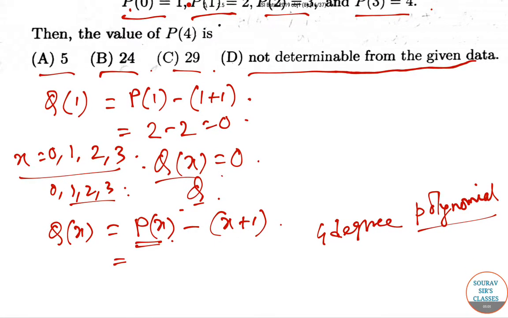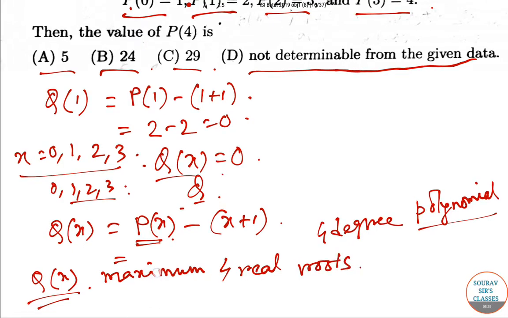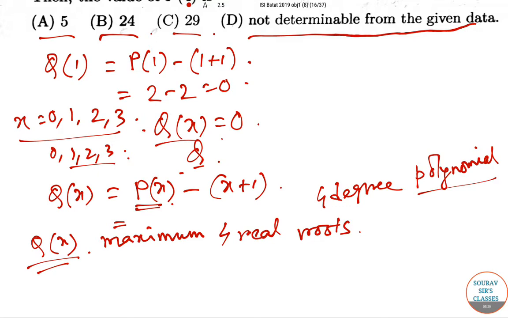So Q(x) has a maximum of 4 real roots. And we are getting here 0, 1, 2, 3 are real roots of Q(x).